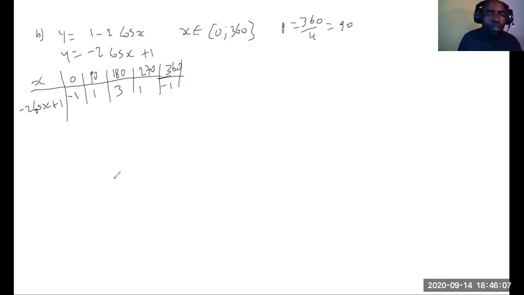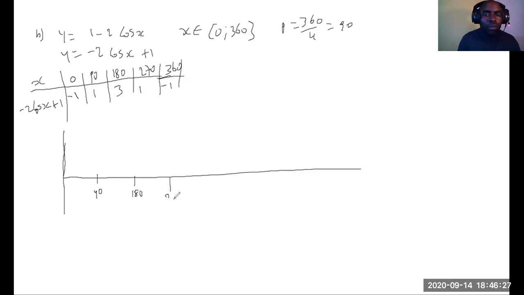So now I can have my Cartesian plane. Okay. I've got 90, 180, 270, and 360. 1, 2, 3, 3, 2, 1, negative 1, negative 2.